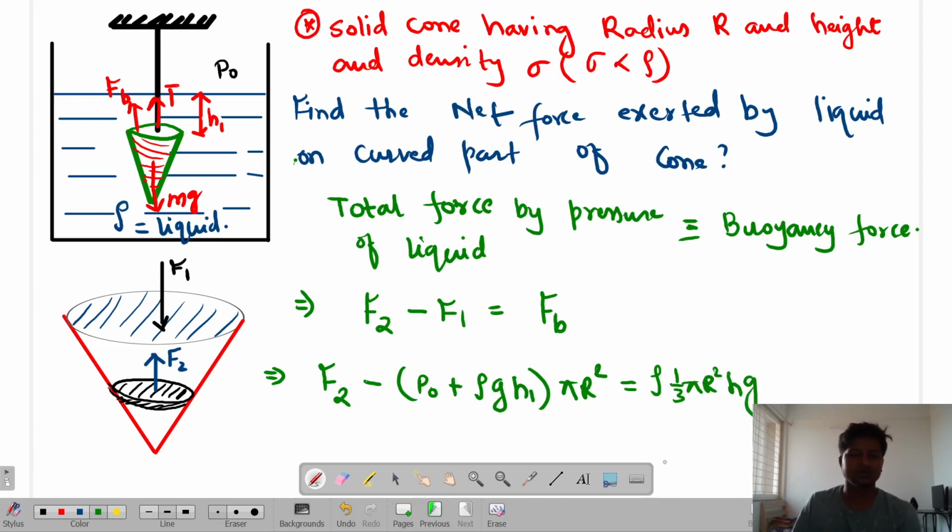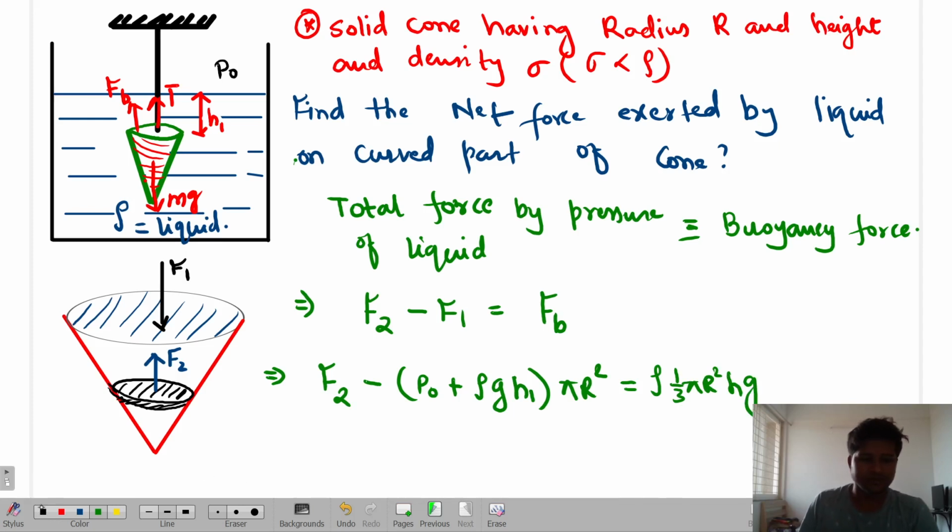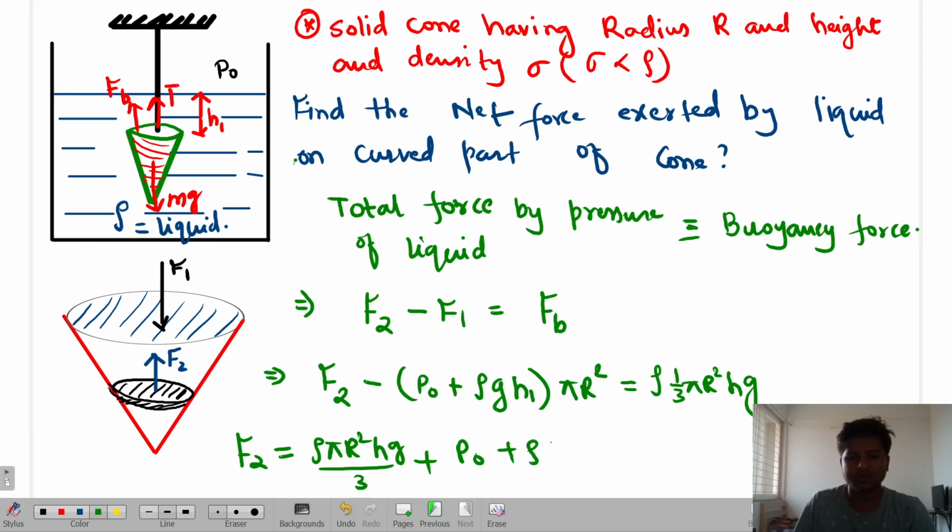So F2 is a very big equation: rho pi R square H g by 3 plus P naught plus rho g H1, into pi R square. Solve and simplify it yourself, if it can be simplified. This is my net force on the curved part of the cone. Are you able to get me or not?